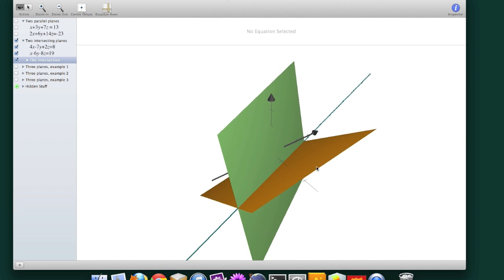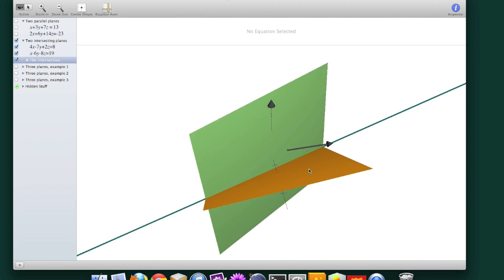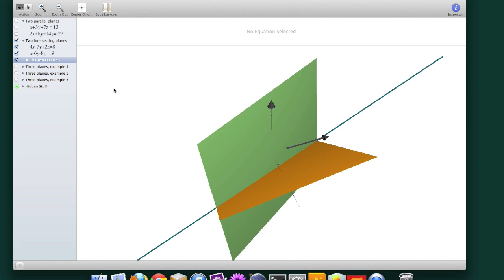Now when you're giving the equation, it can be a little tricky to give the equation, it's not strictly an equation, of a line in three-dimensional space. You need to do it parametrically.